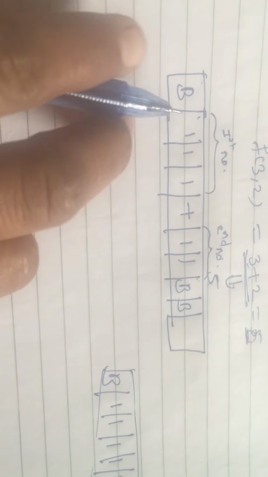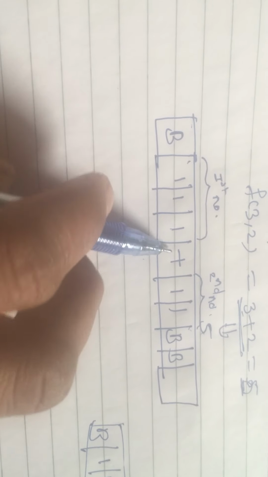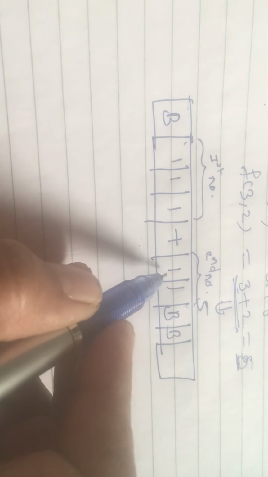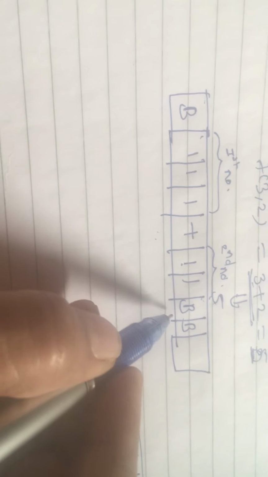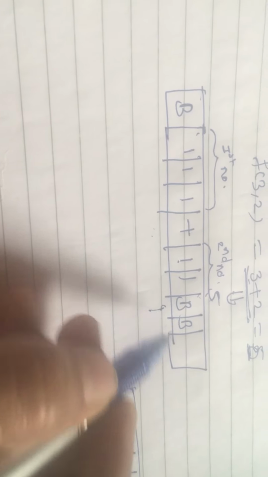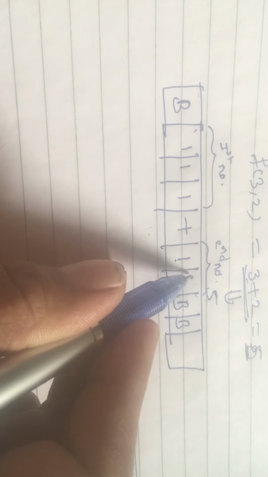Here 3 ones are already there. If we convert this plus into 1, and then keep moving to the right, read the second number completely, come back to this blank, take the reverse direction, and convert this 1 into blank.